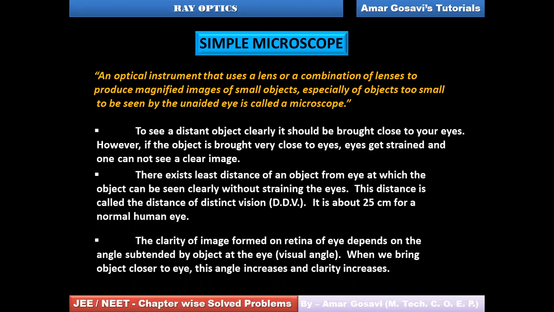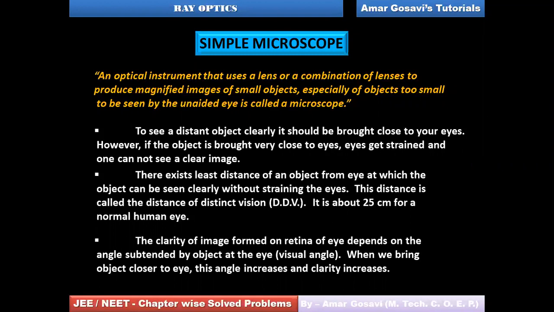When we bring the object closer to the eye, you can try it practically, you will find that this angle increases and the clarity increases up to the distinct vision. Beyond that, if you bring the object very close to the eye, the clarity will also decrease and it will cause strain to the eye.